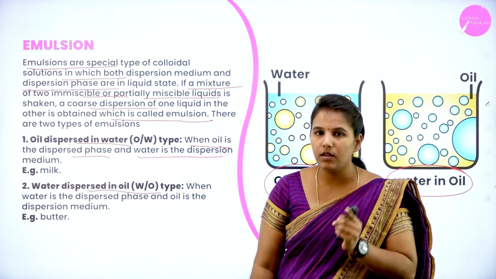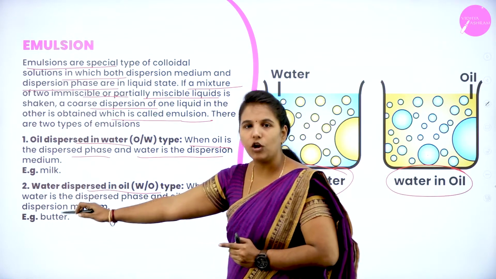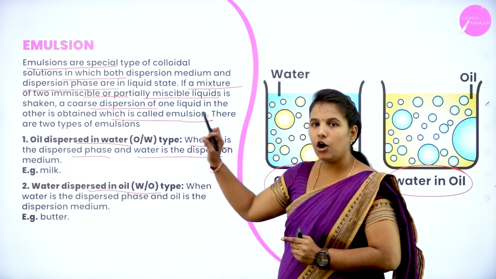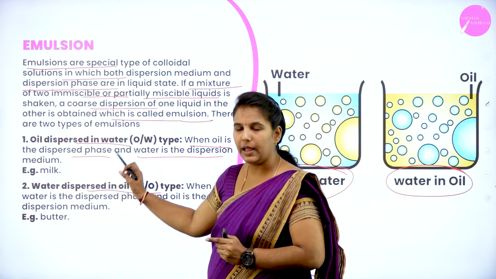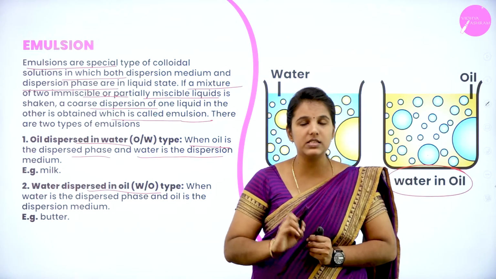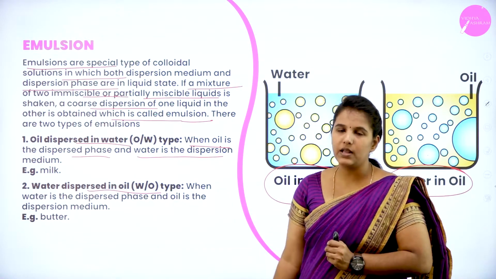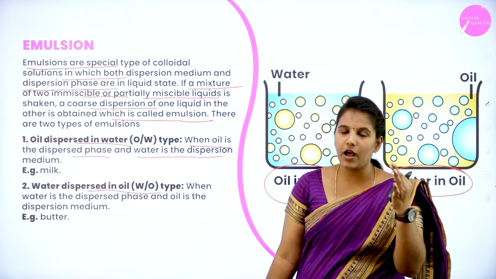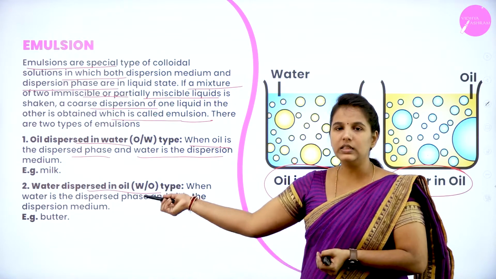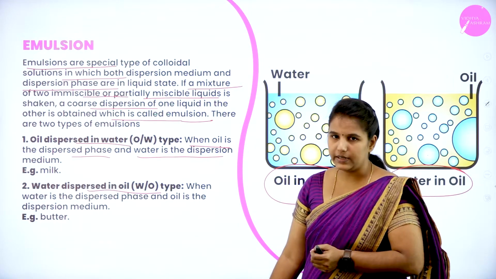What are the two types? The first one is oil dispersed in water and the second is water dispersed in oil. In oil dispersed in water, oil itself acts as the dispersion phase and water becomes the dispersion medium. An example is milk. For example, if you add milk to water, this becomes an example for the oil in water type.